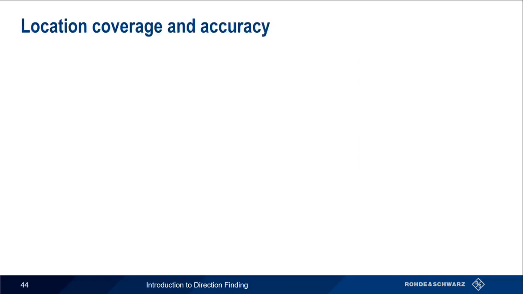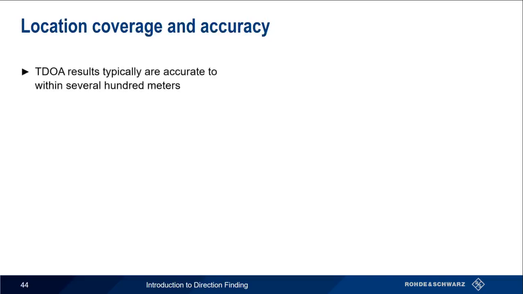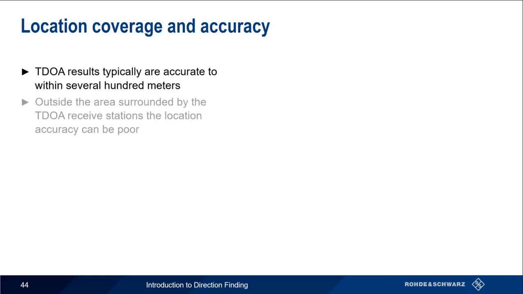Let's talk a little bit more about location coverage and accuracy in TDOA. In general, TDOA results are accurate to about several hundred meters, this being both a function of the methodology and sensors, as well as the type of signal we're trying to locate, that is, broadband versus narrowband. The best accuracy is obtained when the target is more or less surrounded by sensors, and outside of this area, location accuracy can be poor.